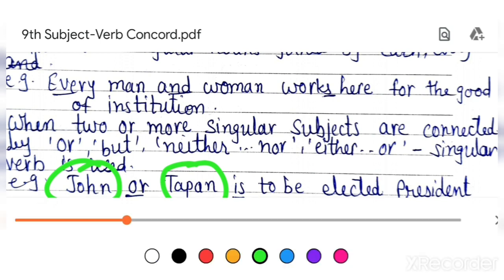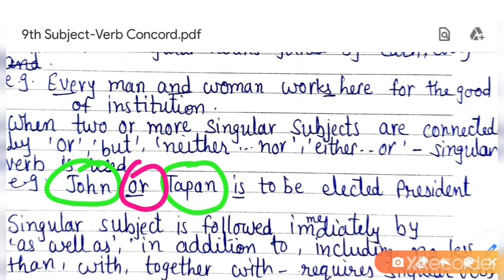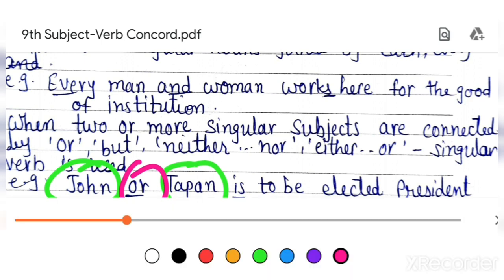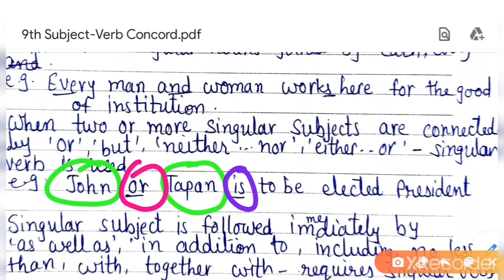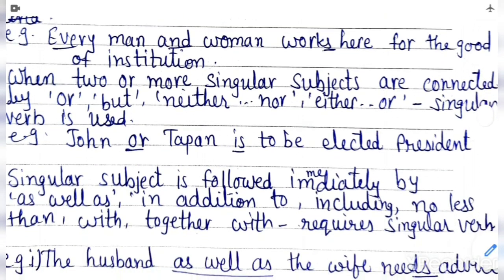So John or Tapan, two singular subjects are there and they are connected with or. So singular verb is used. Is used. Okay, so understood this rule.